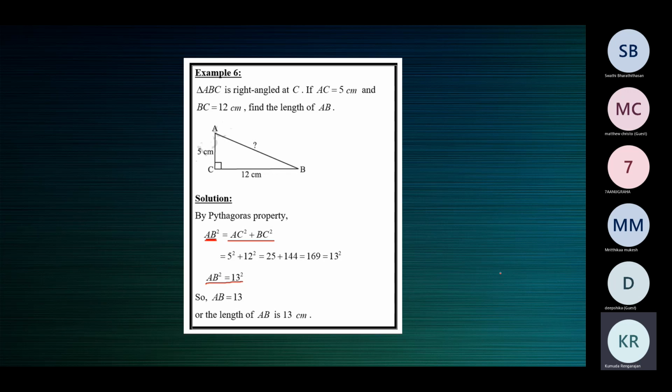Like that, 25 into 25 is 625, 26 into 26 is 676, 27 into 27 is 729, like that up to 30. I think you will not get numbers beyond that for 7th standard. Please learn the squares of the first 30 natural numbers.